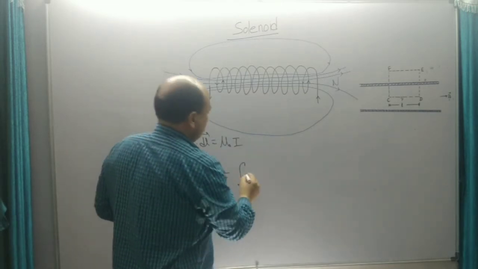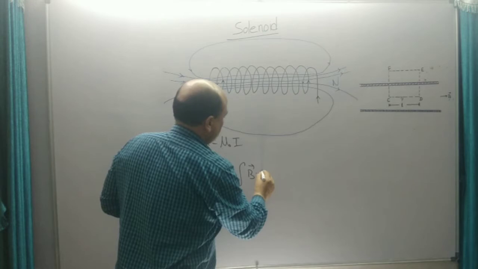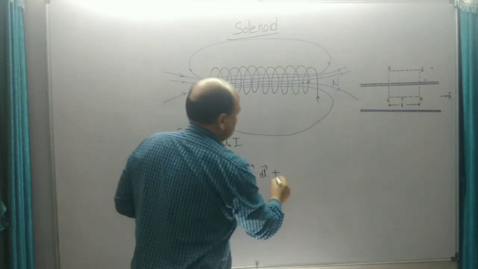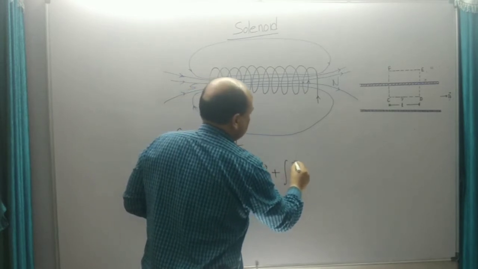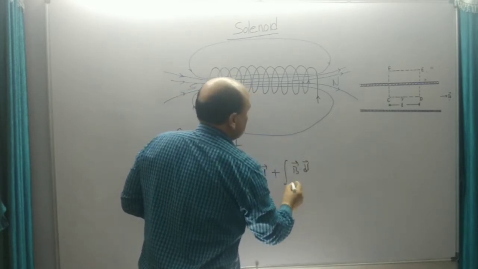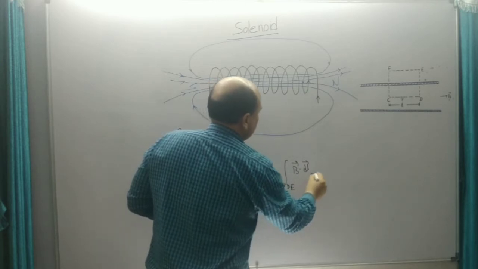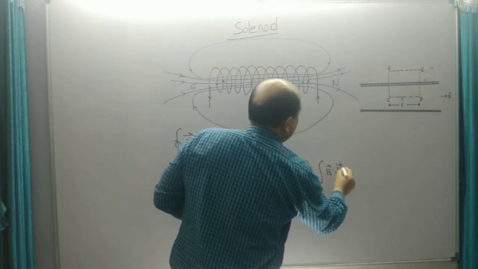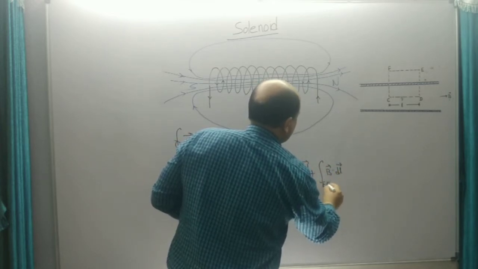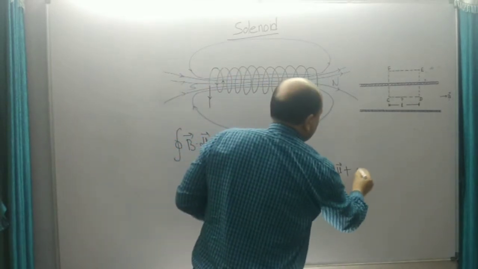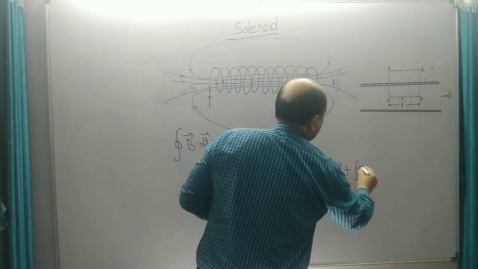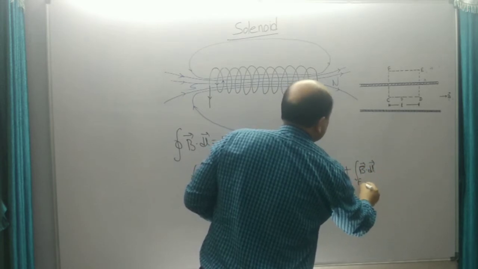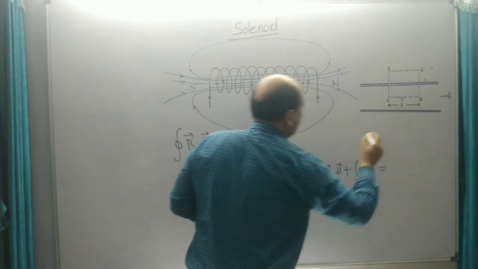Integration of magnetic field about CD plus integration of magnetic field about DE about the path, B dot dl about the path EF plus integration B dot dl about path FC is equal to how much?